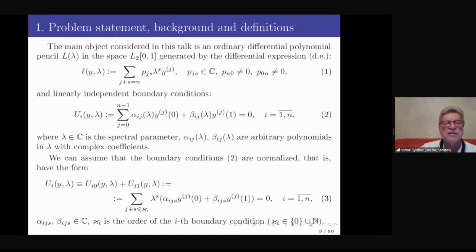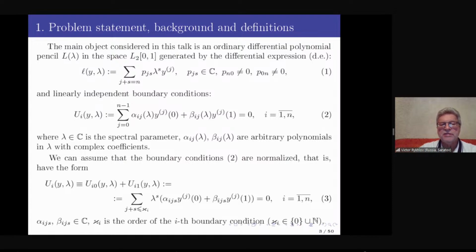Section 1. The main object considered in this talk is an ordinary differential polynomial pencil L of lambda in the space L2 on (0,1), generated by differential expression 1 and linearly independent boundary conditions 2, where lambda is the spectral parameter, alpha_j, beta_ij are arbitrary polynomials in lambda with complex coefficients.